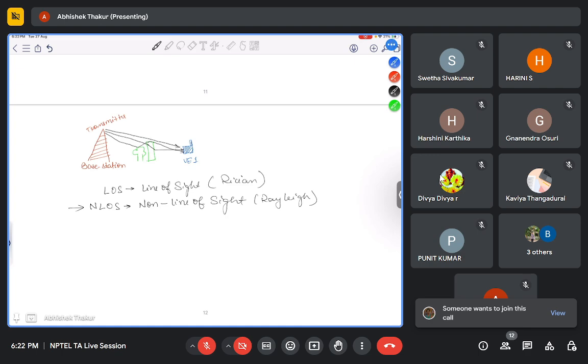All the signal received at the user terminal is a superposition of multiple signals, coming from the reflections. So this is also known as a multi-path propagation environment.